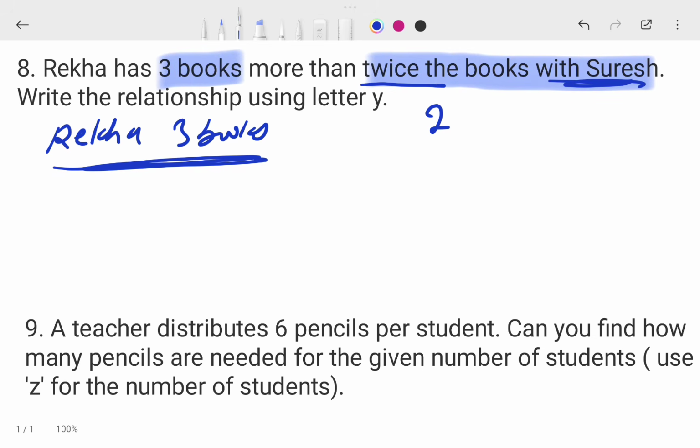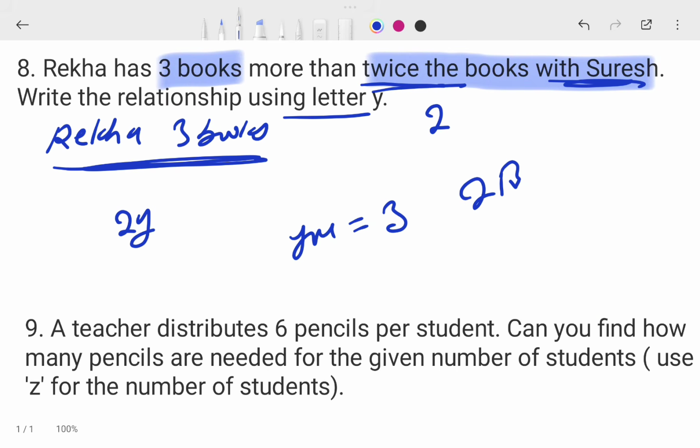Let's suppose you have 3 books, but your friend has more than twice. So what will the relation be? Your friend has more than twice the books. So how many? We don't know.